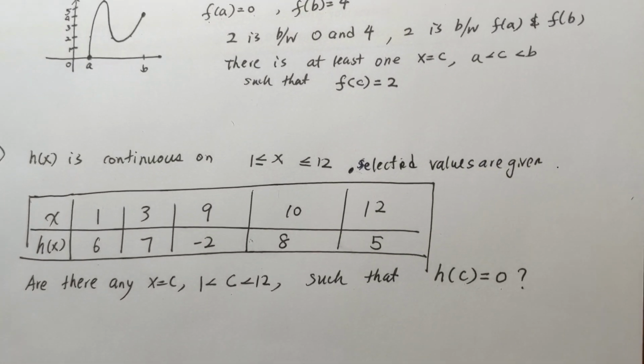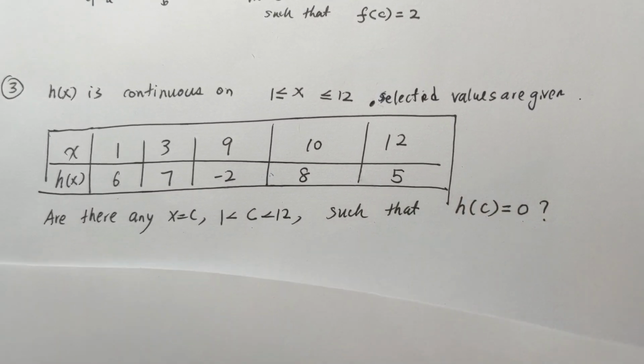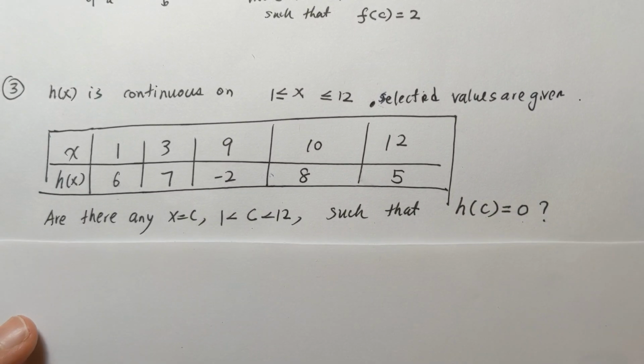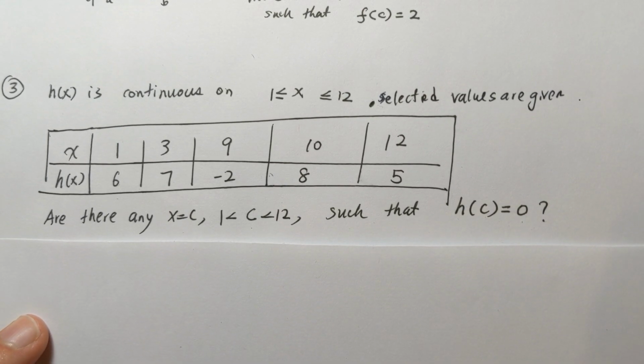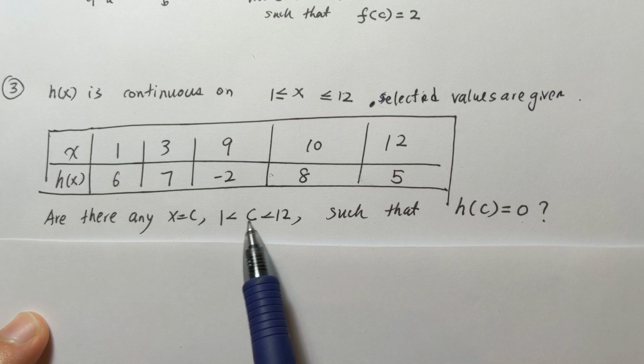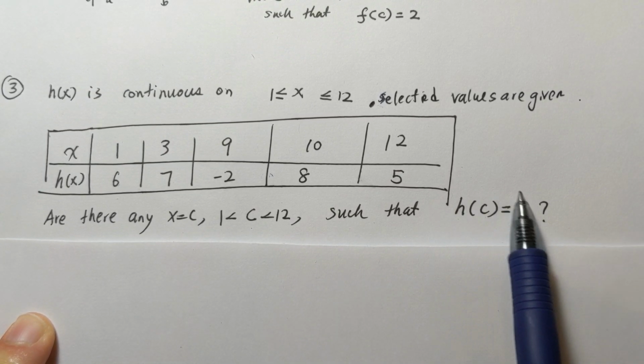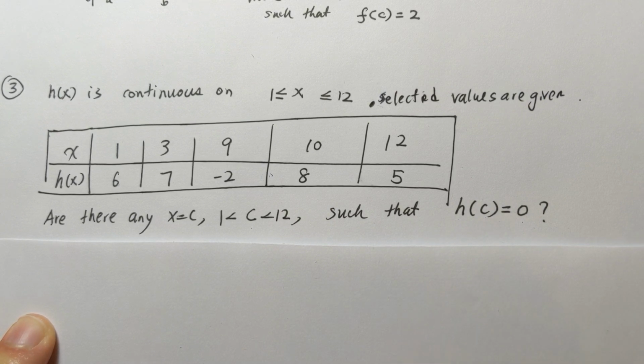So now let's take a look at number 3. H of x is continuous on the interval 1 to 12. Selected values are given, so we have the table. The question asks: are there any x equals c, c between 1 and 12, such that h of c equals 0?